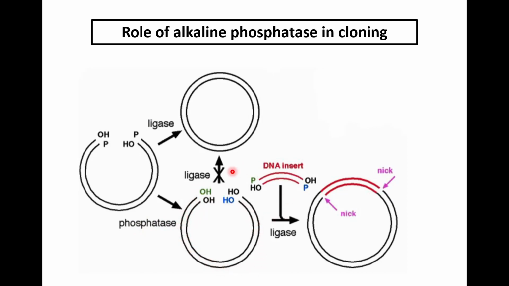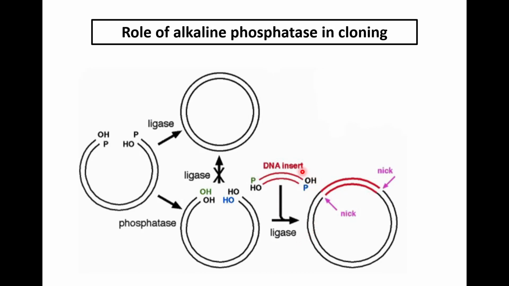Now you have a DNA insert cut with a restriction enzyme. In the DNA insert you will have a phosphate group. So in the vector you do not have this phosphate group, but in the insert you have this phosphate group in the 5' region.